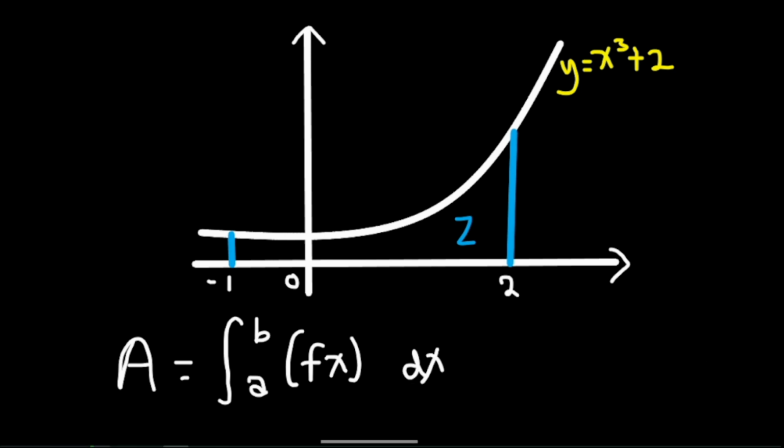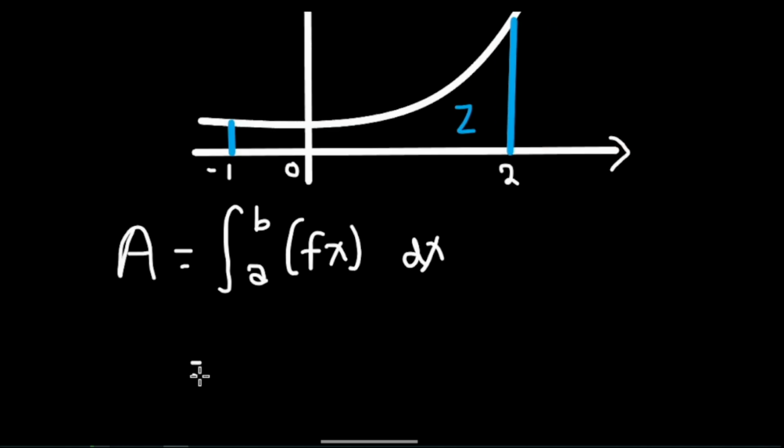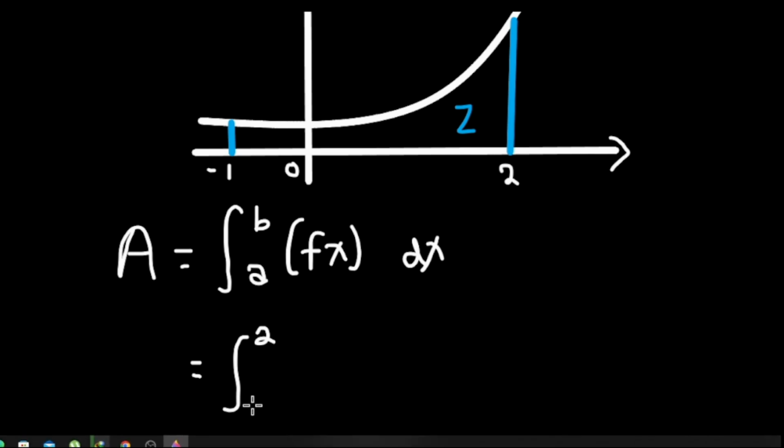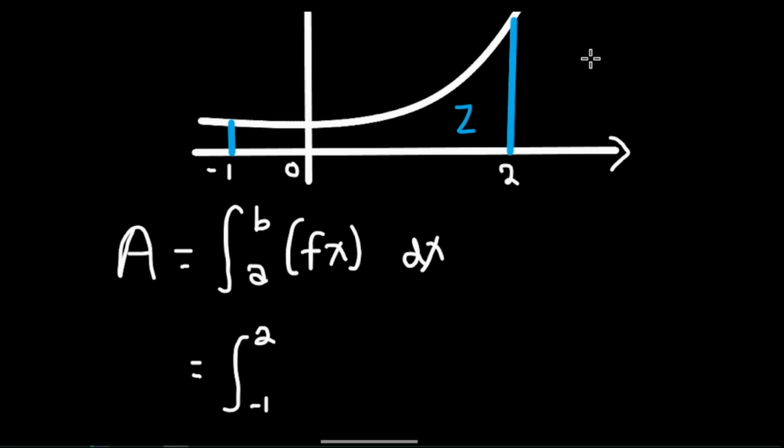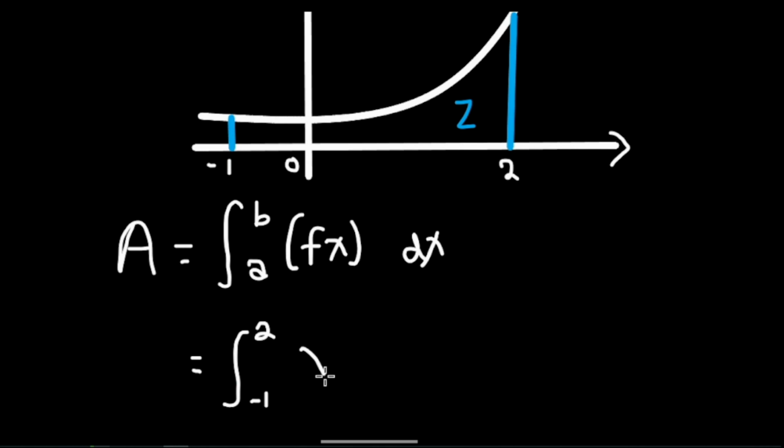So we simply have to plug that in. Our highest value is 2, so 2 is going to come right here, and then -1 is our lower limit for the region Z, and then our function is x to the power 3 plus 2. And then everything we're integrating with respect to x, so our dx at the end is very fundamental.